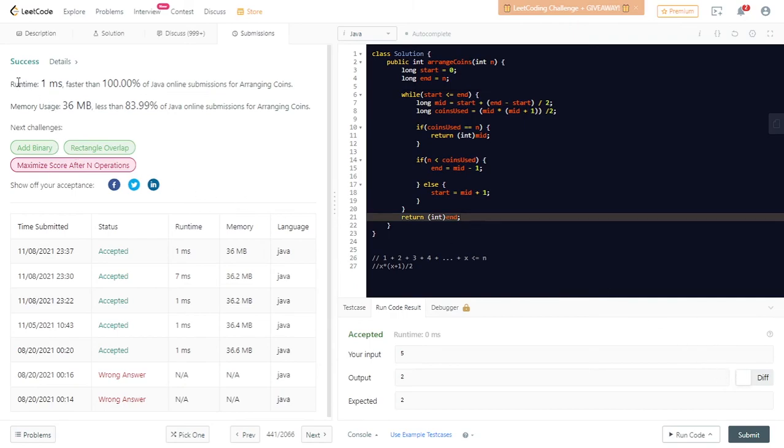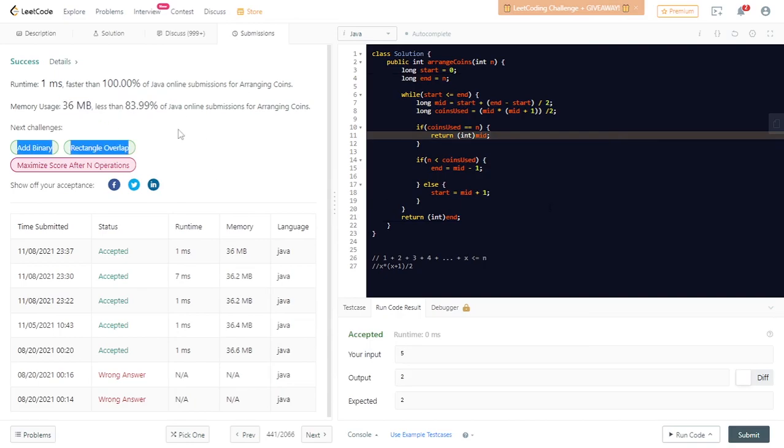Okay, this has run and this is a lot faster than the previous solution, as you can see. And as for space complexity, it's going to be using this much space since we are using so many variables to store such things. This would not matter in an interview.